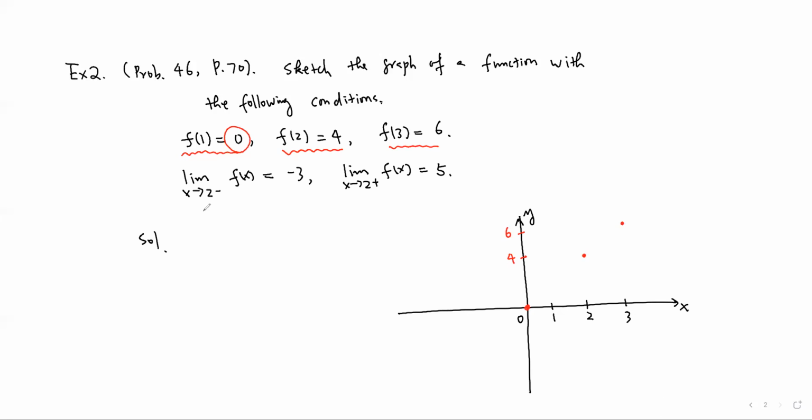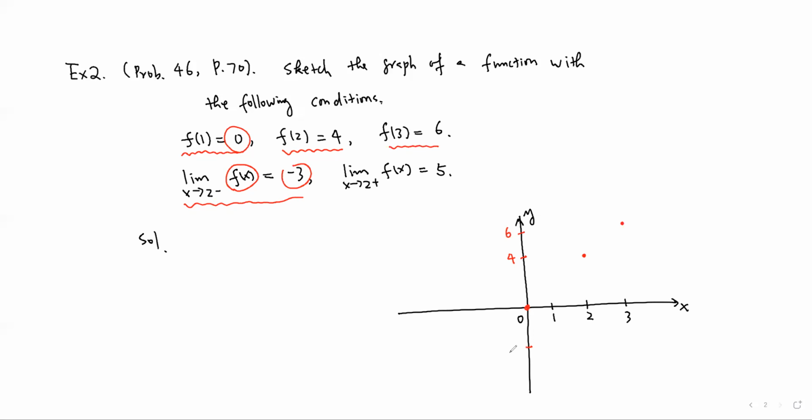Now, this condition. When x approaches 2 from the left-hand side, the height of the graph approaches -3.